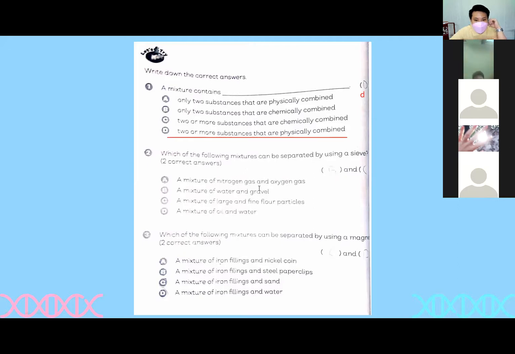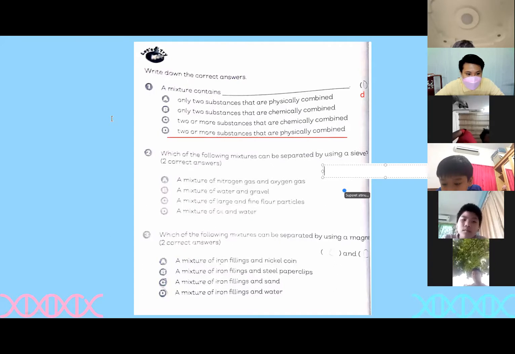A, a mixture of nitrogen gas and oxygen gas. B, a mixture of water and gravel. C, a mixture of large and fine flour particles. Or D, a mixture of oil and water. What's the answer? Anyone?